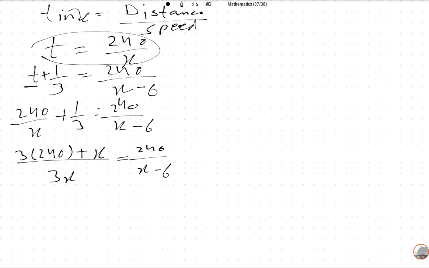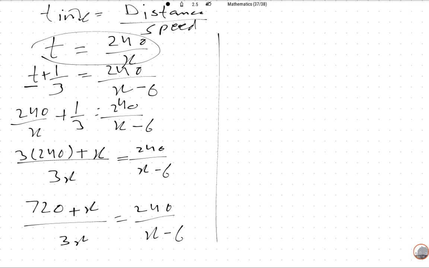So 240 multiplied by 3 is 720 plus x upon 3x is equal to 240 upon x minus 6.